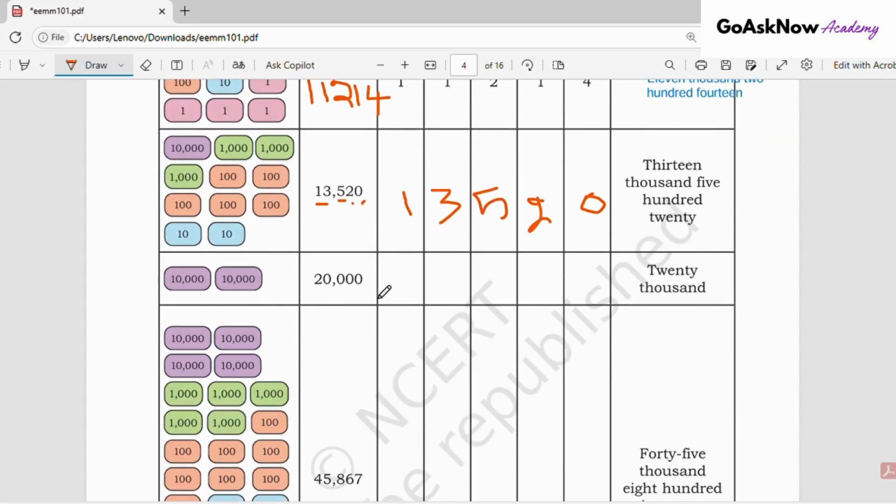Here there is only 20,000. In the 10,000 place the value is 2. After that the 1,000, hundreds, tens, ones are 0, which is 20,000.